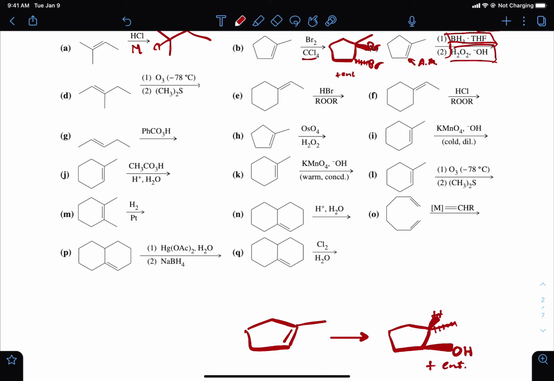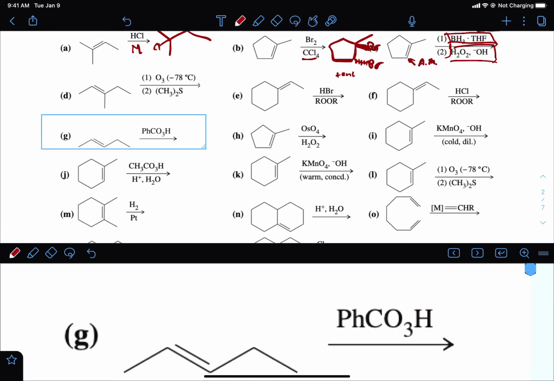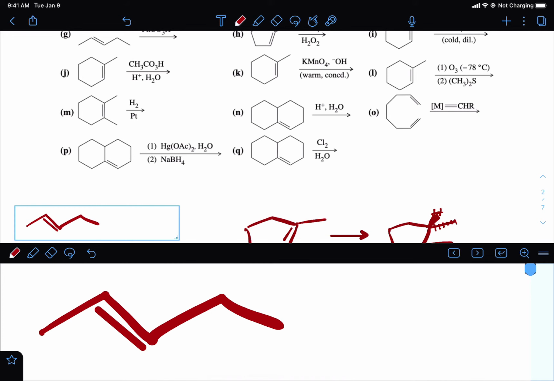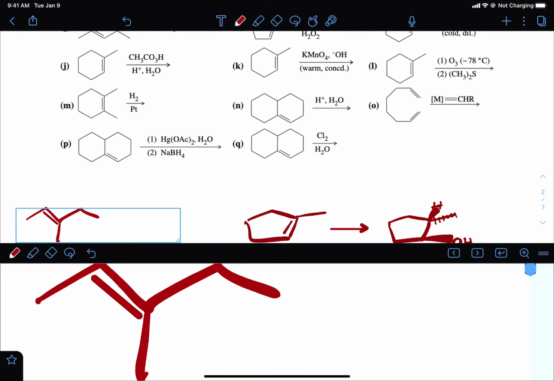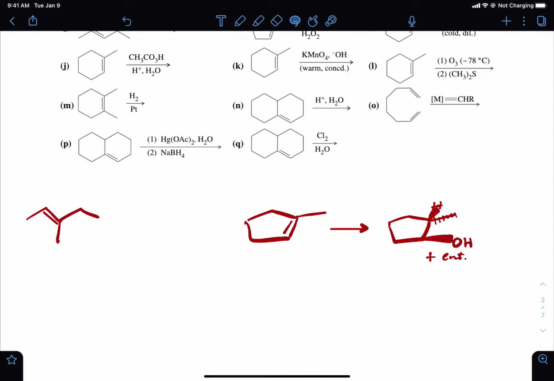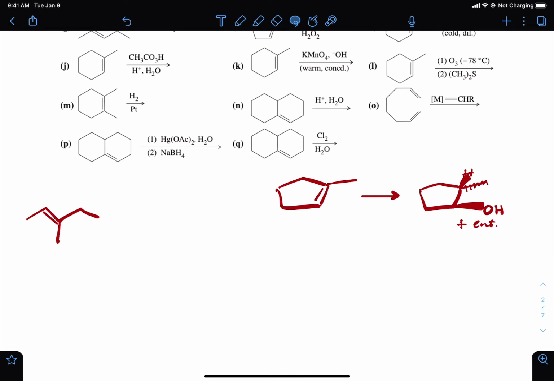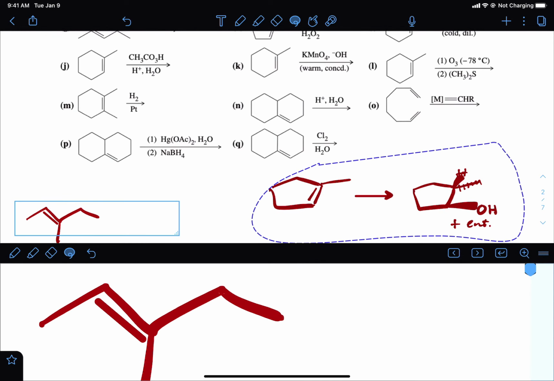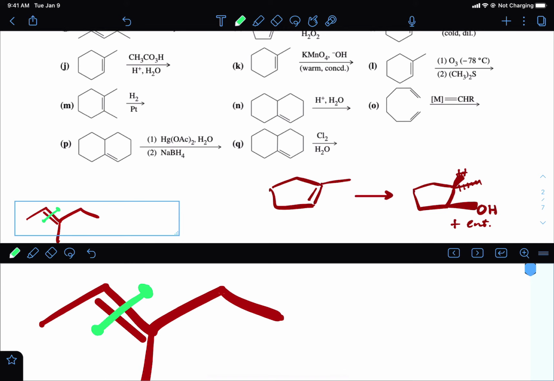Okay. D is called ozonolysis. I'll draw that down here. Okay, so what ozonolysis does is it cleaves an alkene.